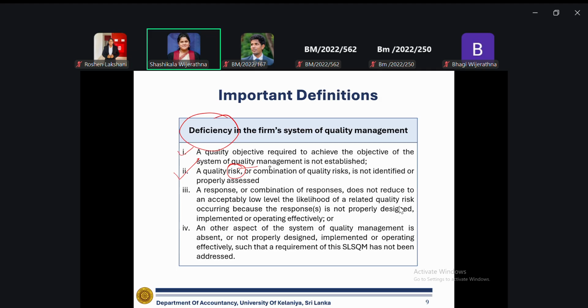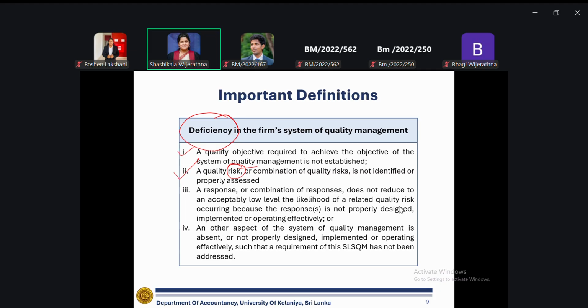Could you please explain the risk? When it comes to the risk, I said previously that there are 8 components under this quality management framework. To identify the risk, we use 6 components. I will explain that later. One of the components is governance.